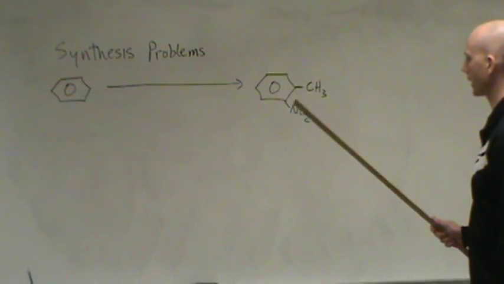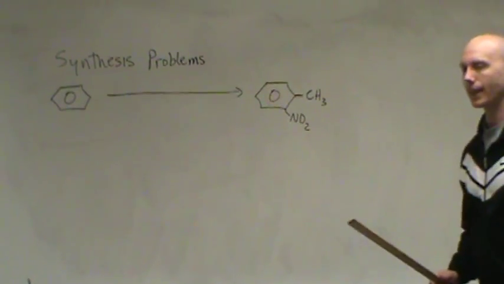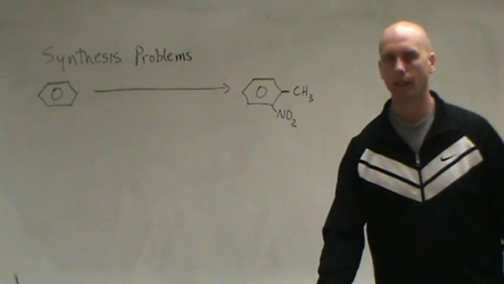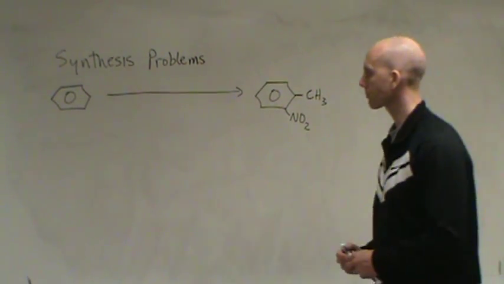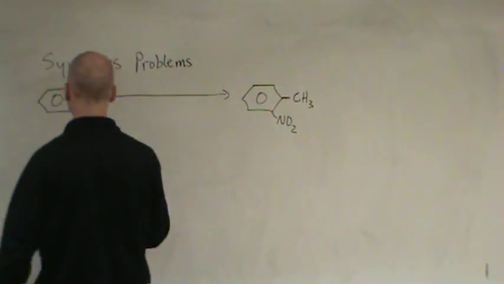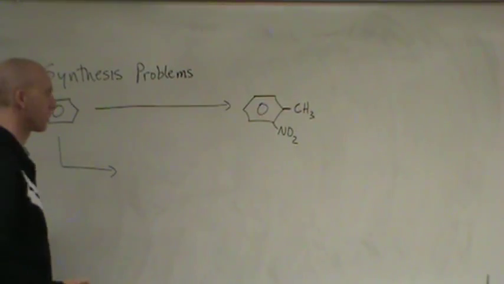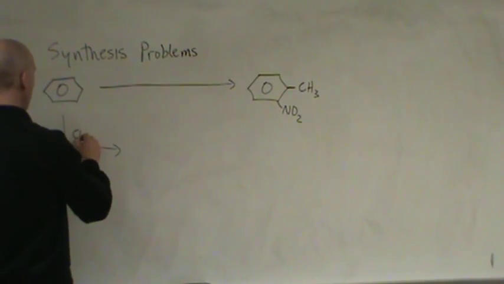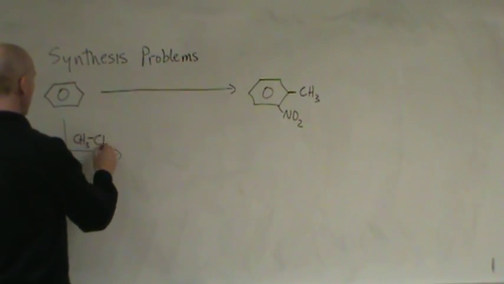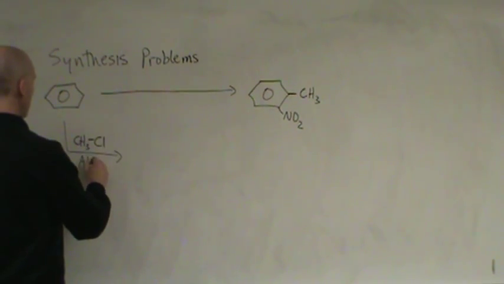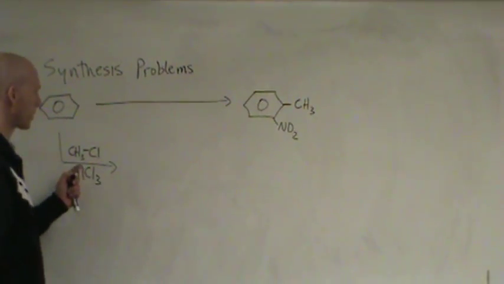The CH3. So I would not want to put on the nitro first, okay, because that's a meta director. So now, all I have to do is remember how to put the groups on. An alkyl group, remember, is by Friedel-Crafts alkylation.